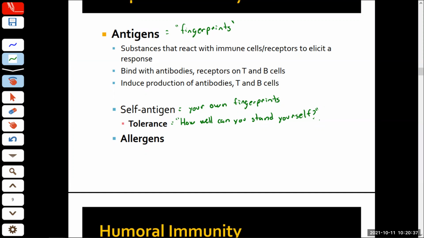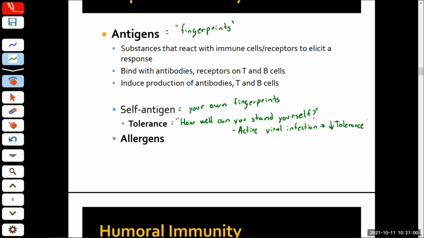Yeah. So during an active viral infection, we want to lower tolerance. We do not want to be able to stand ourselves at all.